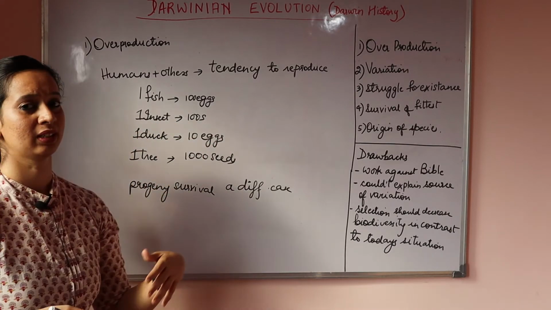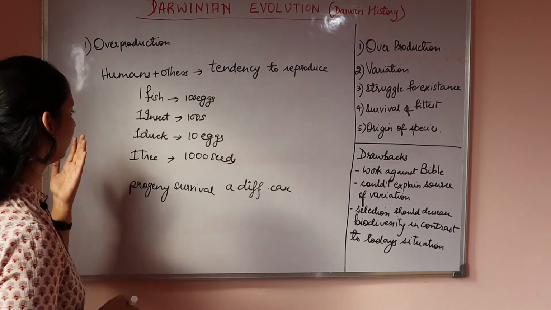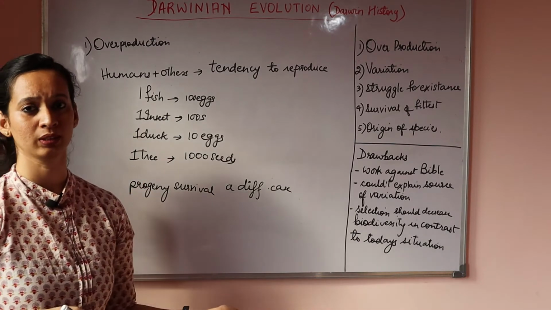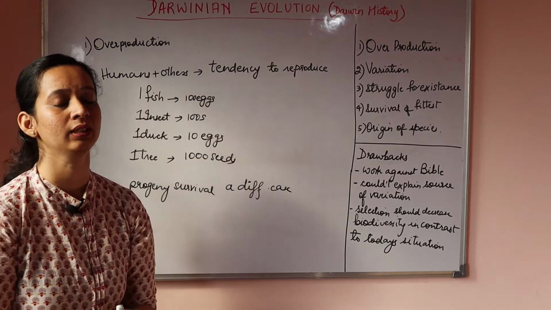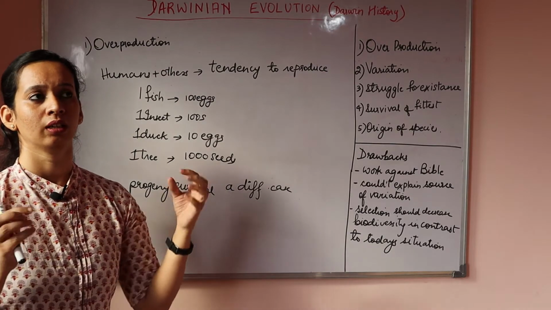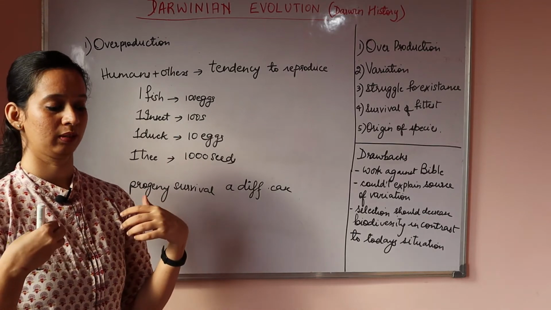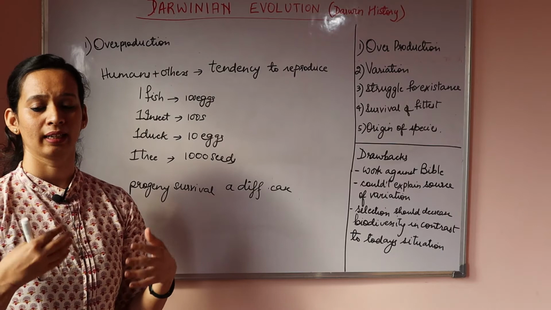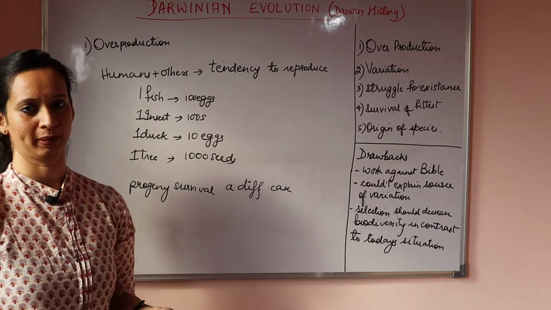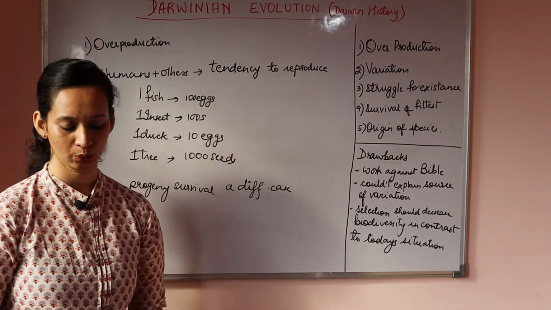One duck can give rise to 10 eggs. One tree can give rise to 1,000 seeds. These are just approximations, but what I am trying to say is, each organism or each species has the tendency to overproduce, and this is what we are going to look at.